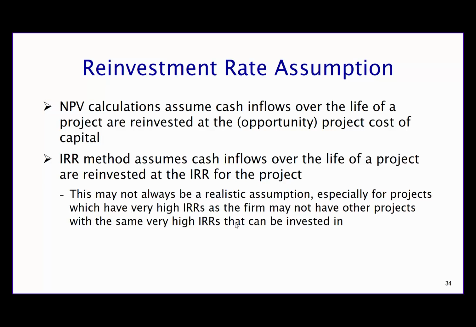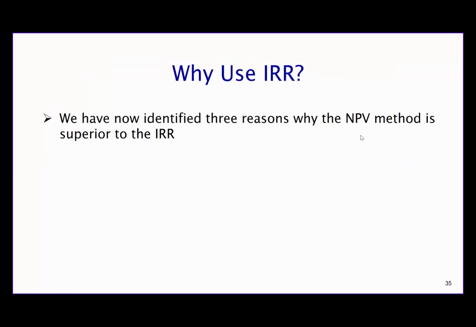Now, it's not going to be a lot lower than 48 if that happens. It would be lower. It's not always a realistic assumption. Whereas reinvesting at the NPV is reinvesting net cash flows at the project cost of capital, which is what the NPV assumes, is a pretty realistic assumption.